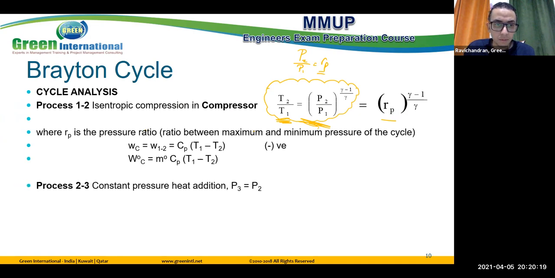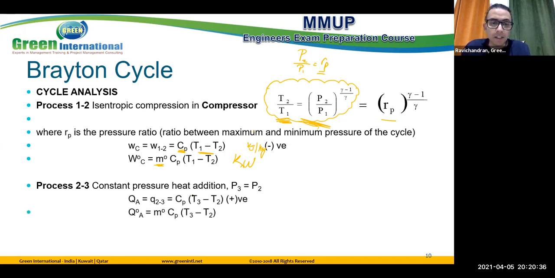Let's go more. Here is the work of the compressor. Here you see Cp delta T. This is in kilojoule per kilogram, but if you multiply by m dot, it is going to be power in kilowatt. That's it.